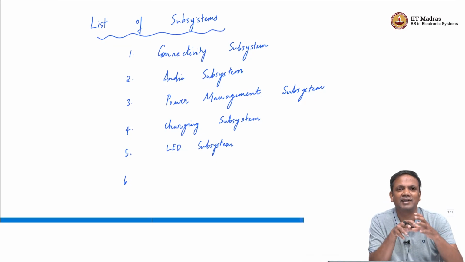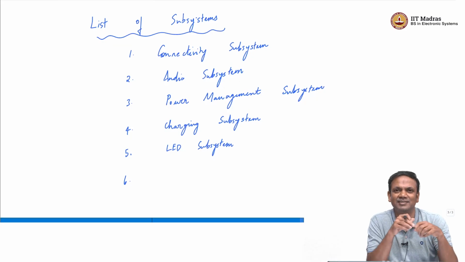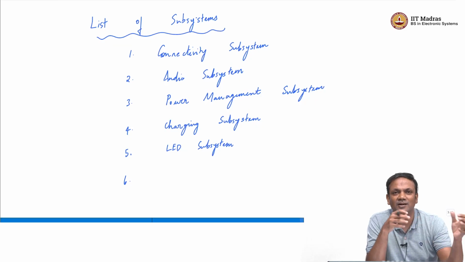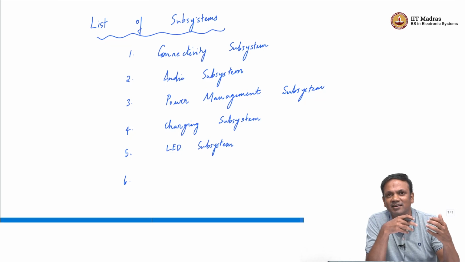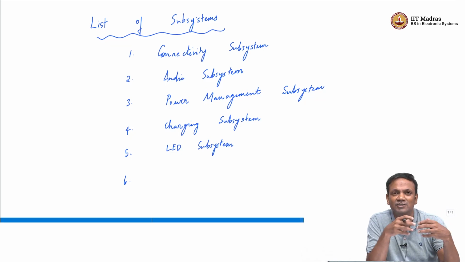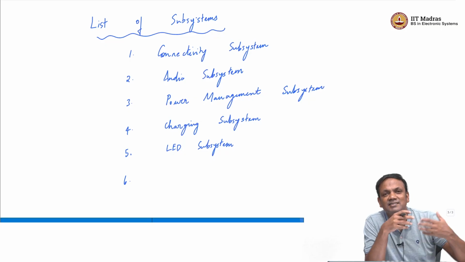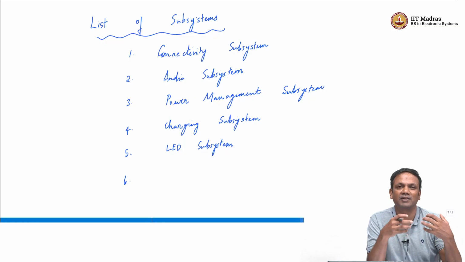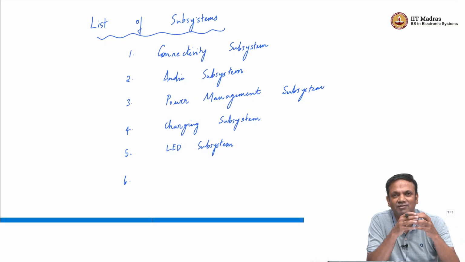But at a higher level, what it means is that you have a sensor subsystem, and the job of that sensor subsystem is to provide different ways in which the user can interact, and the device can interact with the environment, to be able to offer a user experience that is very seamless. I just gave 2 examples of sensors.